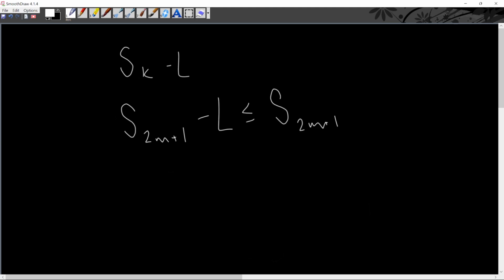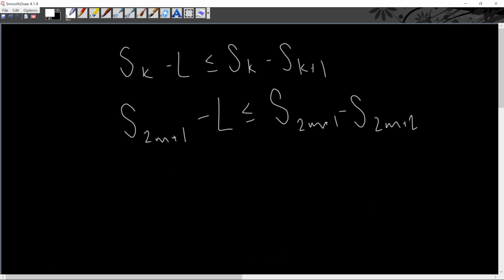But let's say that when k is an odd value, let's just plug it straight in. If you have s sub k minus L and k is an odd value, you have s sub 2m plus 1 minus L is less than or equal to s sub 2m plus 1 minus s sub 2m plus 2, right? Well, this is less than or equal to s sub k minus s sub k plus 1.